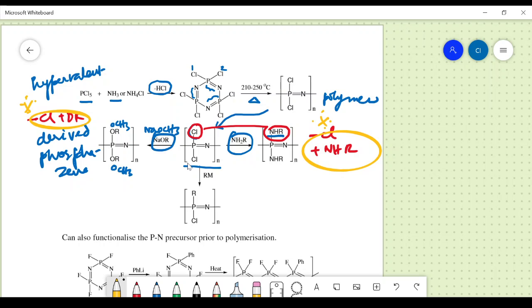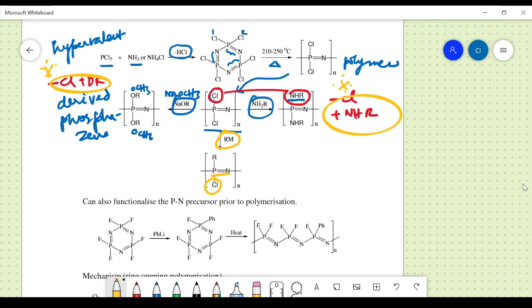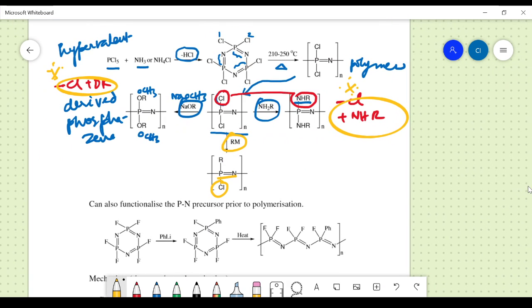And then you can use any organometallic reagent here. So you get the PN as it is, you retain the Cl, and you have some alkyl groups there. This preparation is very essential, so I'll give these notes in the description section.